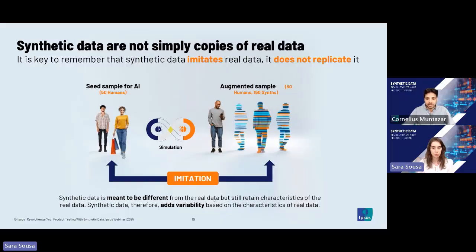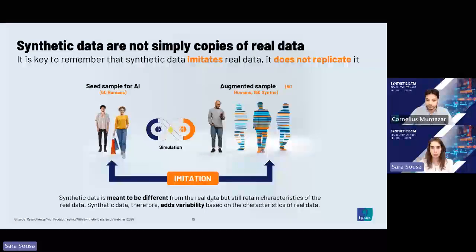Our AI models analyze the unique relationships between data points in real human responses. They learn these underlying patterns and structures from real human responses, then use this knowledge to create new synthetic respondents, each with the full data set, that reflects the complexity of human behavior.